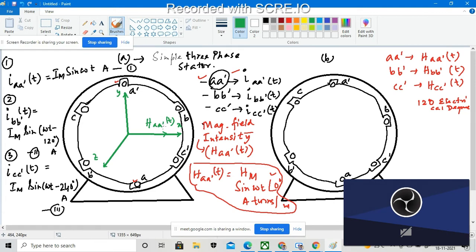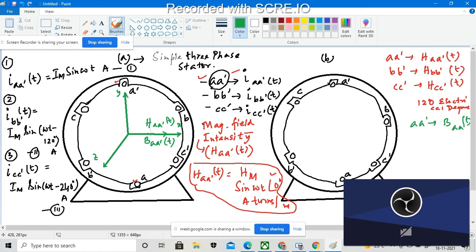Correspondingly, the magnetic flux that will be generated due to the flow of current in the coil A dash will be called B of A dash at a certain instant t, so it is considered as B of A dash t along the x-axis.